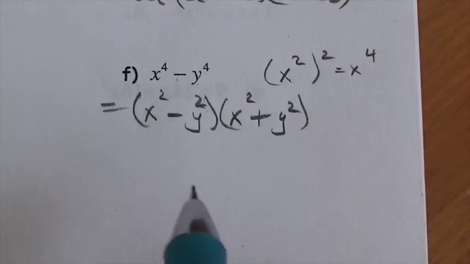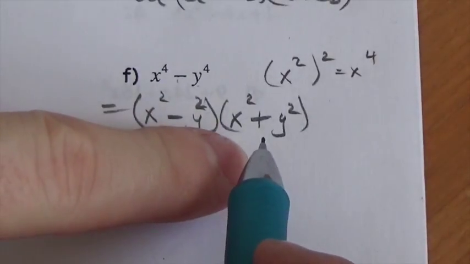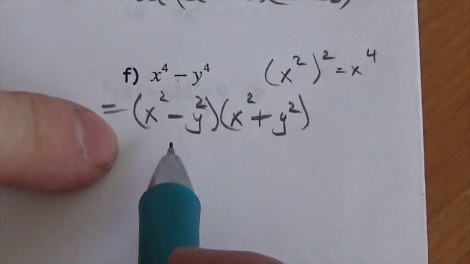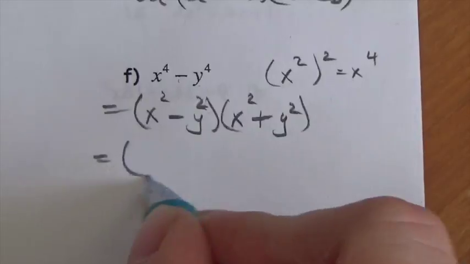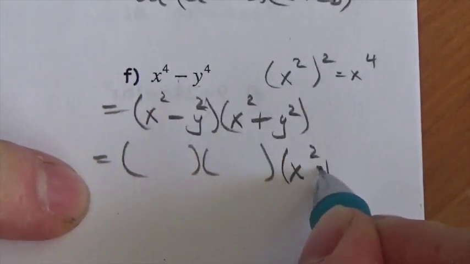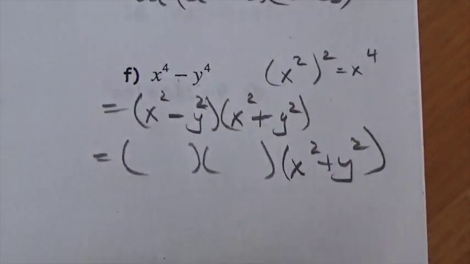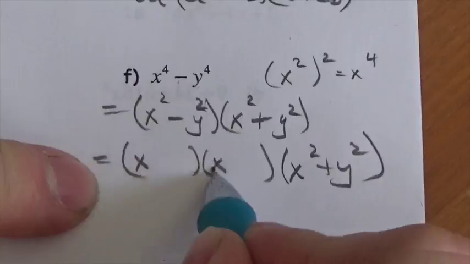But before I leave this, I notice, wait a minute, this can be broken down. Now, x squared plus y squared can't, but x squared minus y squared can. That is also a difference of squares. So I'm going to break that one apart into two, and this last one here I can't. It's a sum of squares, so that's as good as that's going to get. But this one here, the square root of x squared is x.